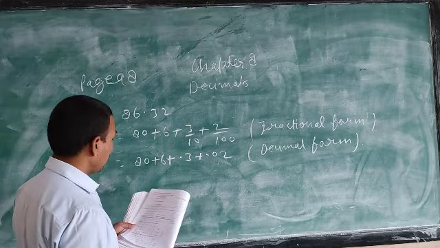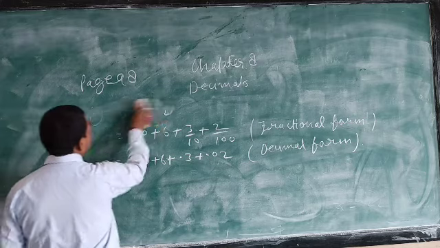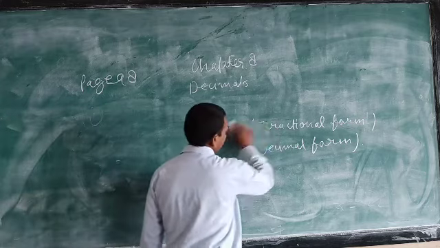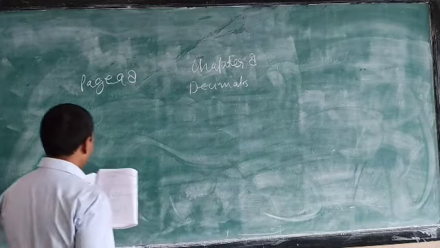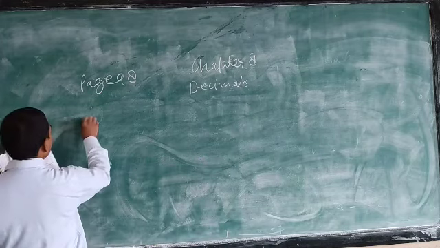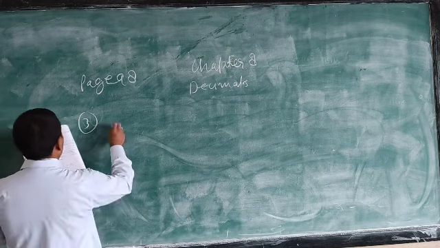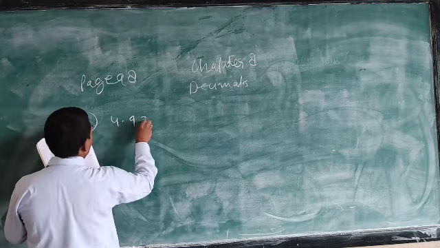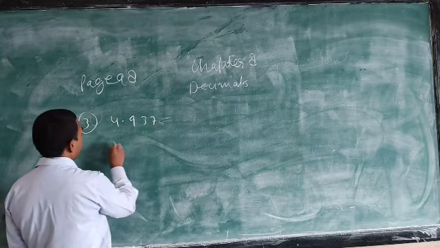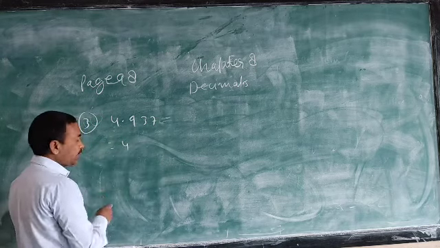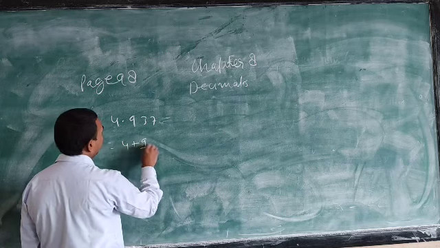And the third one, see, third one here the number is 4.937. This is the ones place, so no problem. You can write this 4 as 4. This is the whole number part, ones place, and this is 9 by 10.